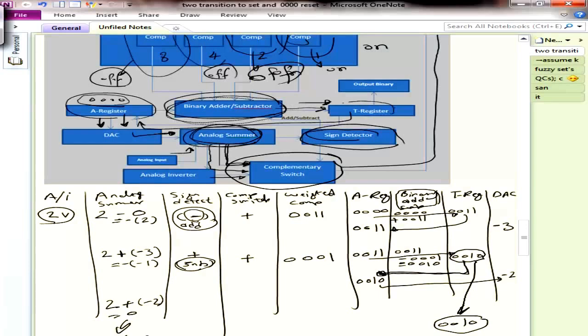Putting this value back to the A register consumes another half clock cycle.